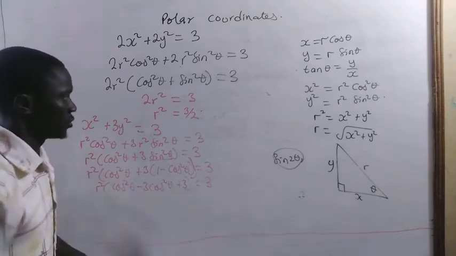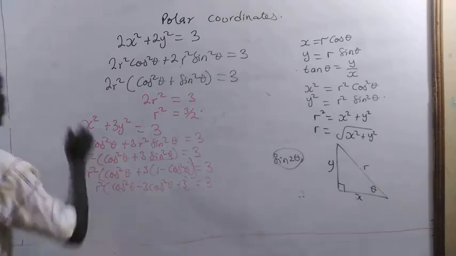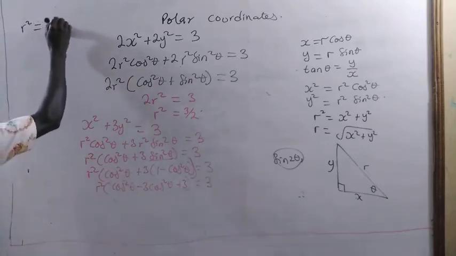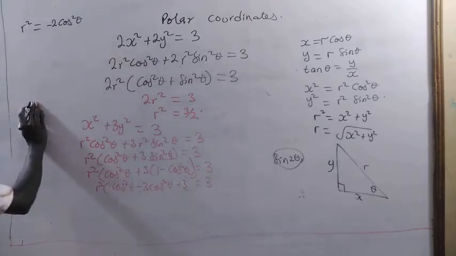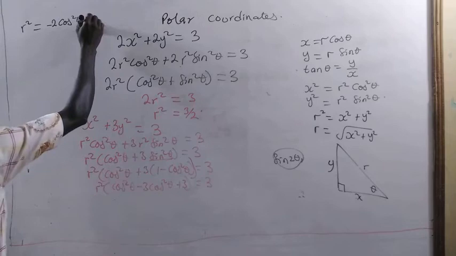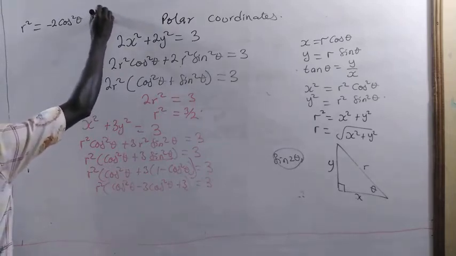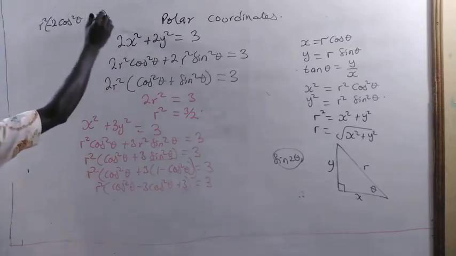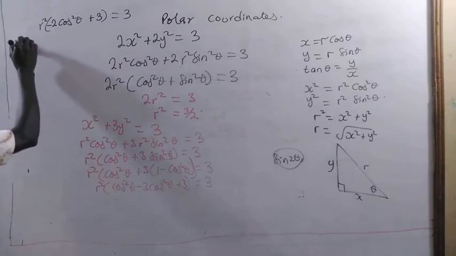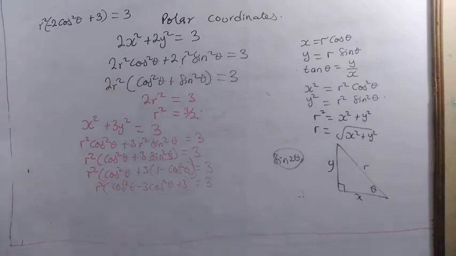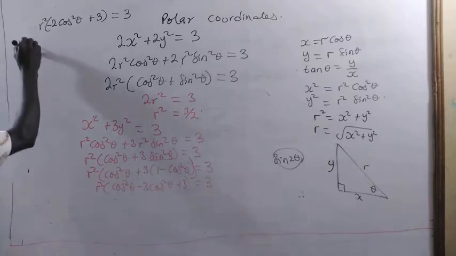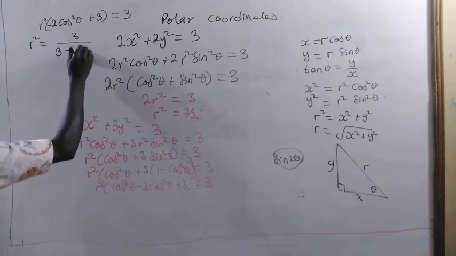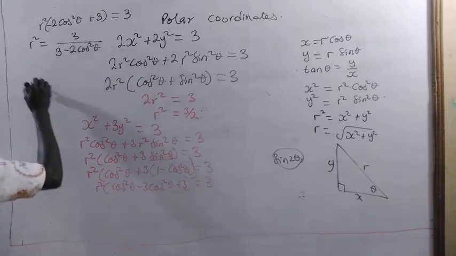And what are we going to get? We are going to get r squared equal to minus 2 cosine square theta plus 3 equal to 3. So here we have r squared equal to 3 divided by 3 minus 2 cosine squared theta.